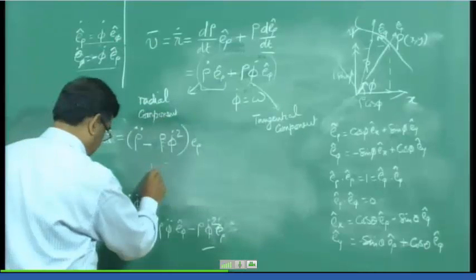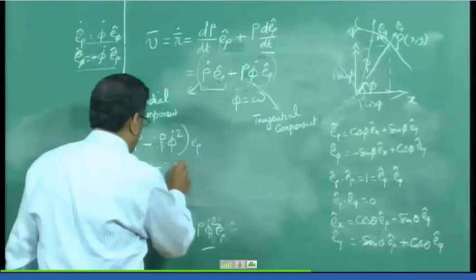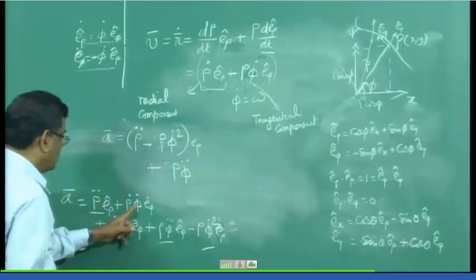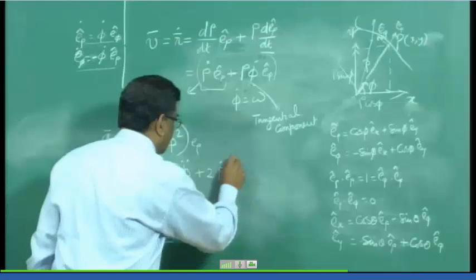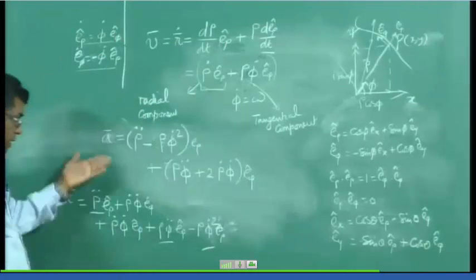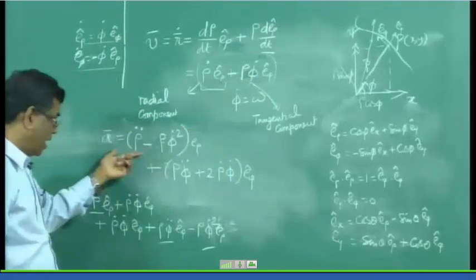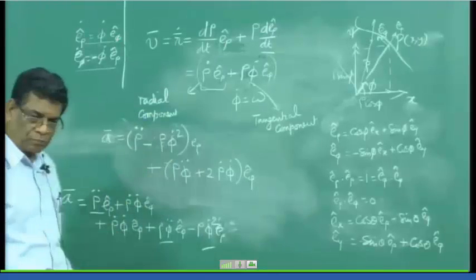Plus I have rho phi double dot, this one, and these two, plus 2 rho dot phi dot in the direction of E phi. So this is the acceleration, and that was the velocity. When I differentiate, this is what I get as my acceleration.